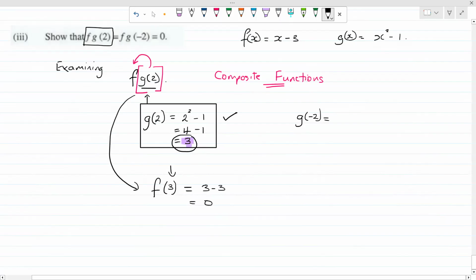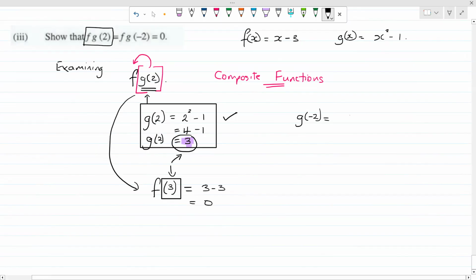So instead of writing g of 2 here, which is kind of confusing, it would be safe to say that instead of writing g of 2, we will just put 3, because that is the value of g of 2. Agree with that? So essentially, when you are asked to find f of g of 2, we are really finding f of 3, because g of 2 is 3. Everybody seeing that clearly? Yeah? Right.